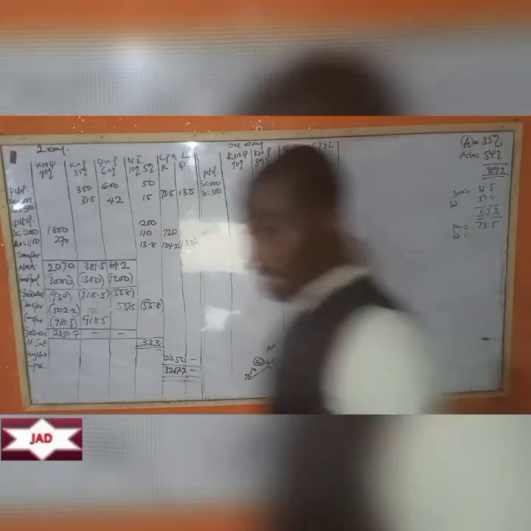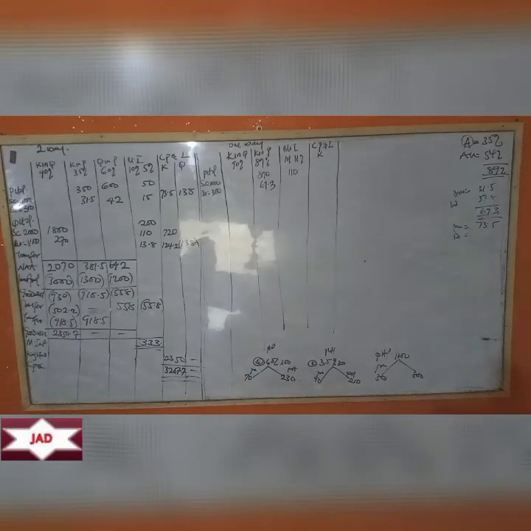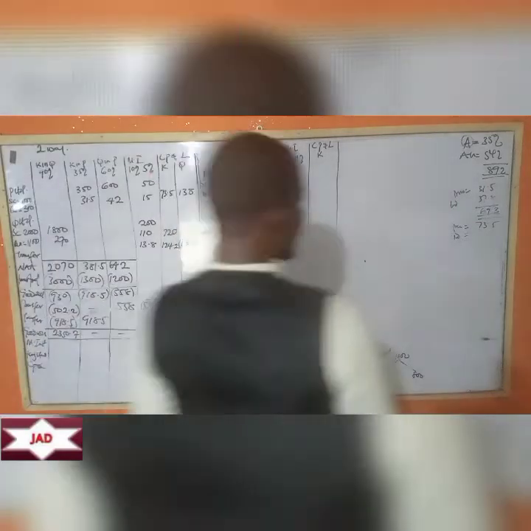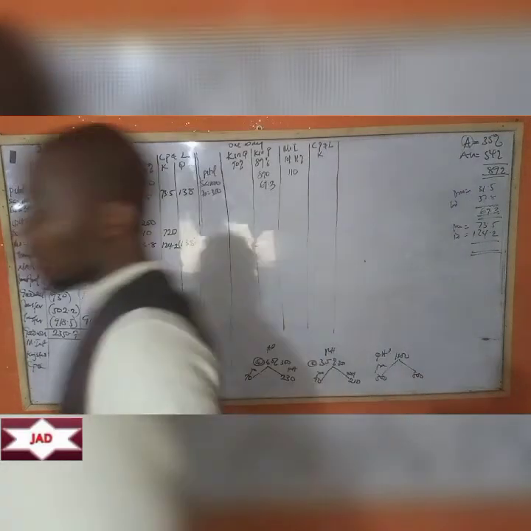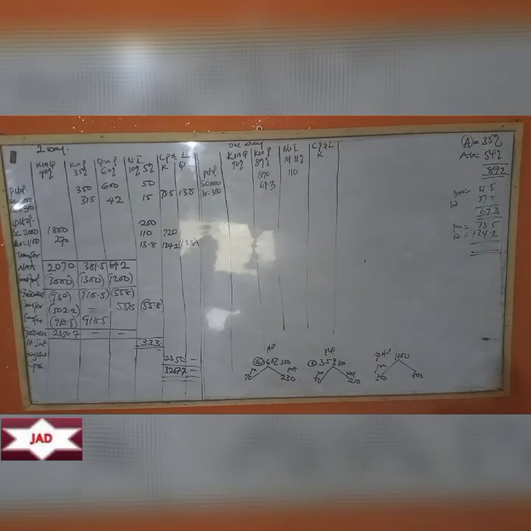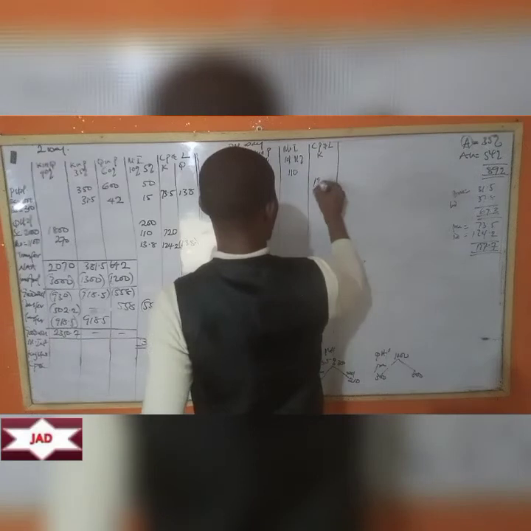So 0.54 times 230. 124.2. So what's the total there? 124.2 plus 73.5. 197.7.